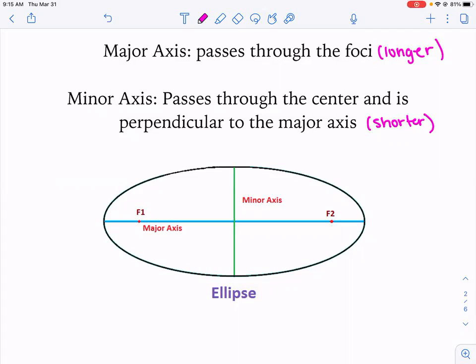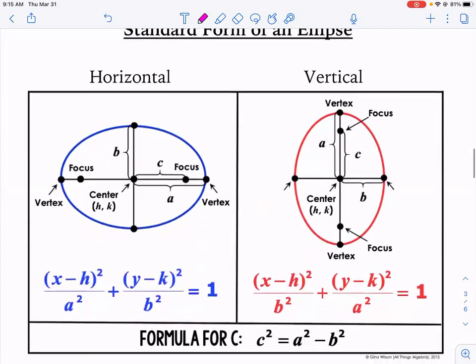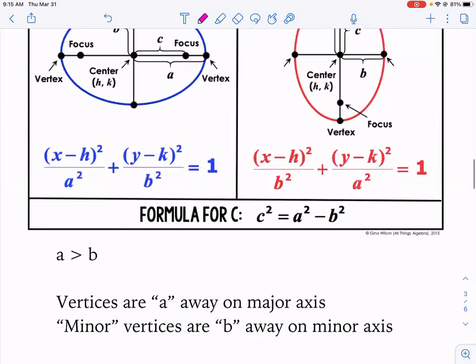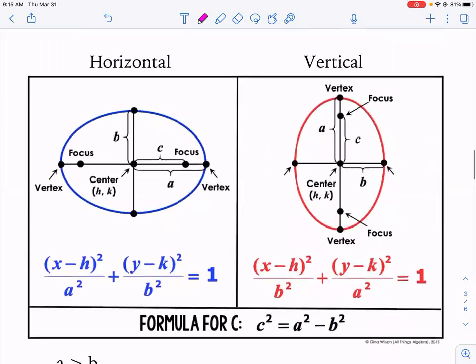All right, so we can glue in this pink card. Okay, glue this in and then we're gonna make some notes about it.